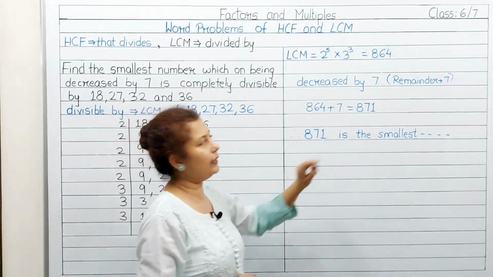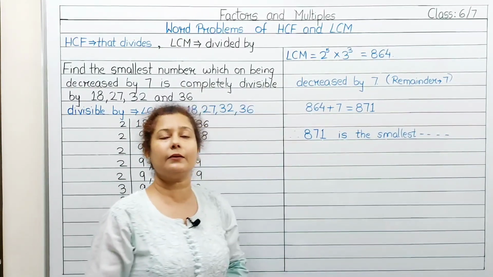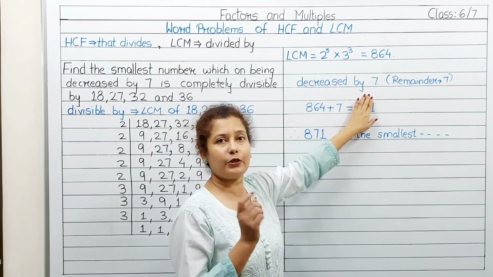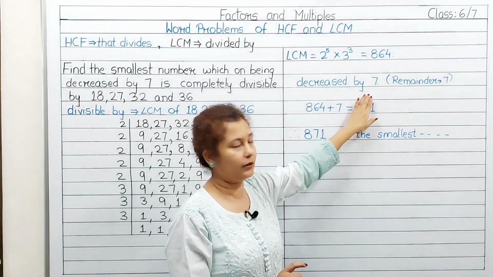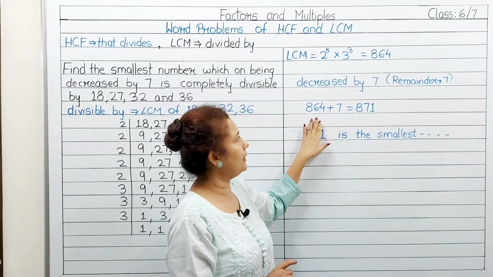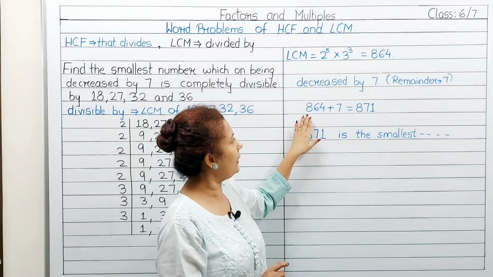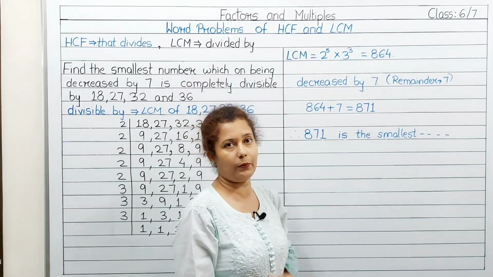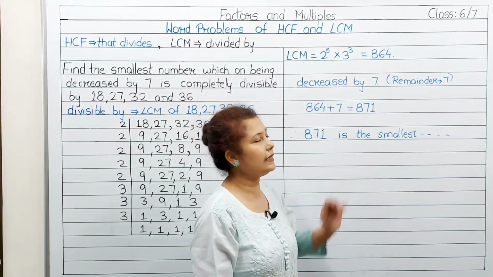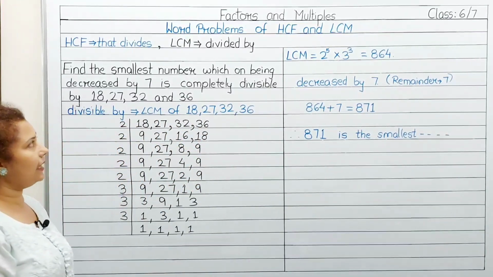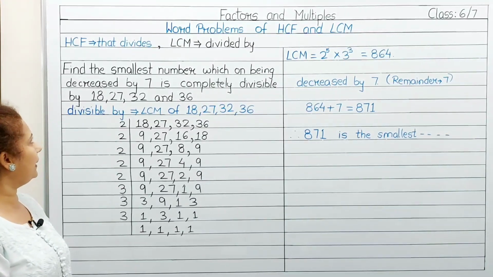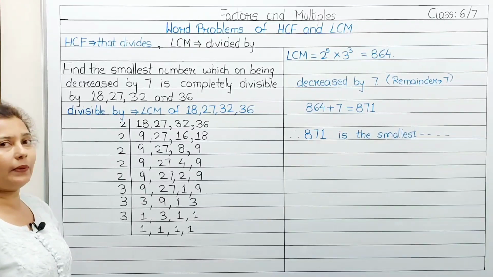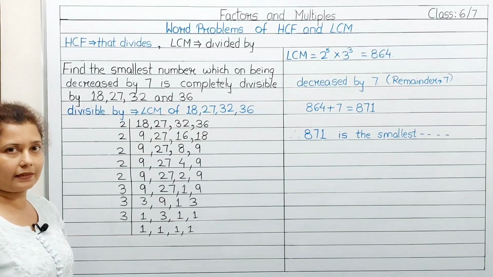But the LCM which we got here is completely divisible by these numbers. Decreased by 7 means we should get 7 as a remainder. So we will add 7 to the LCM which we got. So we will add 864 plus 7, that equals 871. So the answer will be 871 is the smallest number which on being decreased by 7 is completely divisible by 18, 27, 32 and 36.